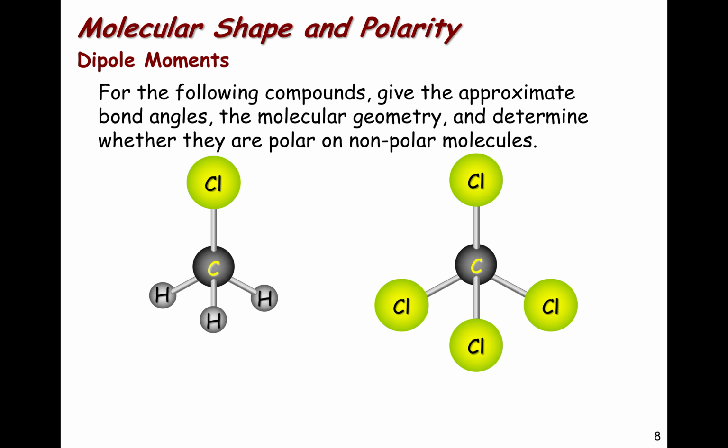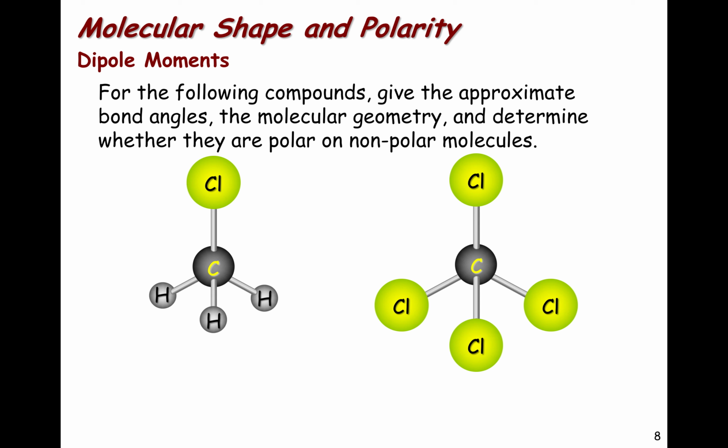So one last thought about dipole moments in terms of molecular shape, and some exceptions to this little rule that we just discussed about the lone pairs on the central atom. In the examples that we have here, we have chloromethane compared to tetrachloromethane. In this particular case, both of them have 4 bonding regions around the carbon atom, so we predict a tetrahedral structure in both cases.